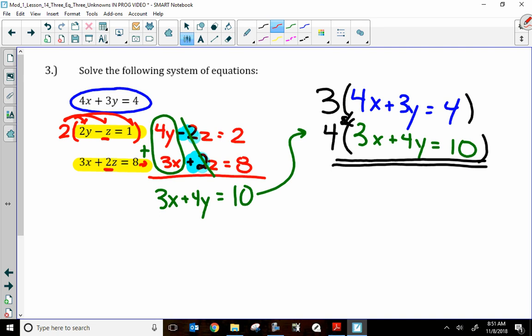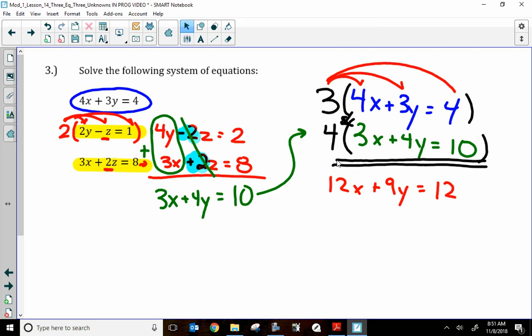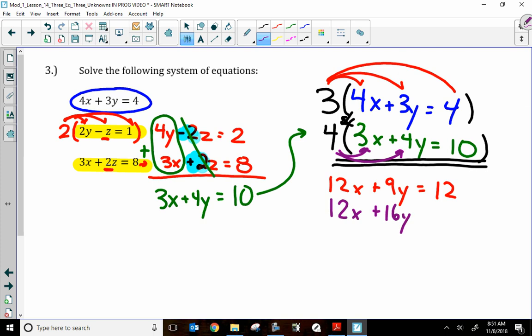So let's do this. That's 12x plus 9y equals 12. Okay? Now keep in mind, I need to do this for both. There we go. That's 12x. That's 16y. Woo! That's 40. Very good.